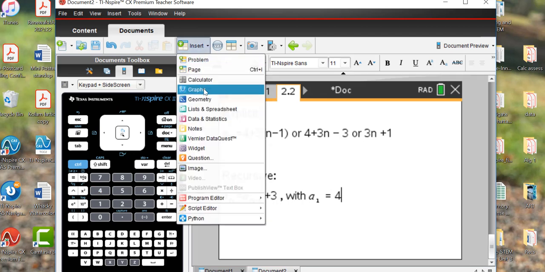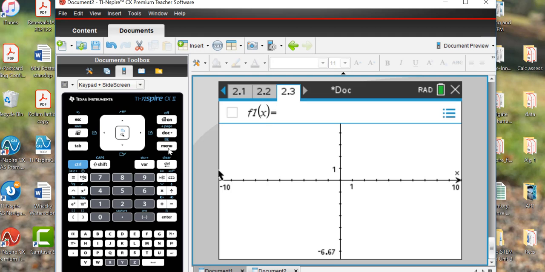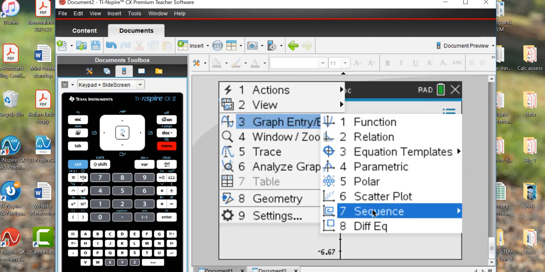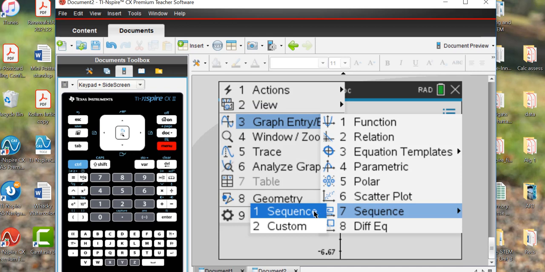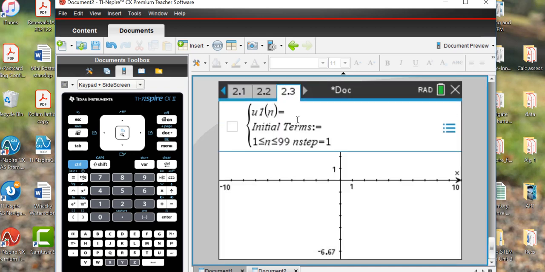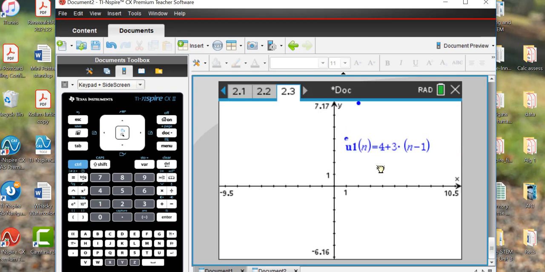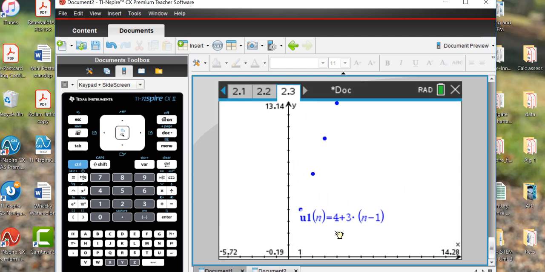All right, let's try to graph it. Change it to sequence. Okay, so start at 4 and add a whole bunch of 3's. Boom. Oops, not a good window. There, how about that?